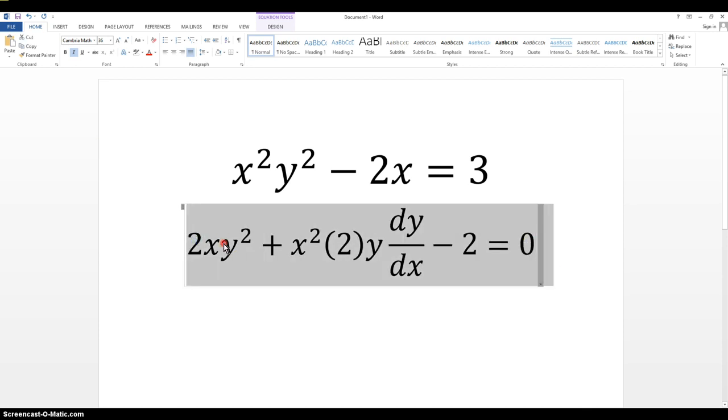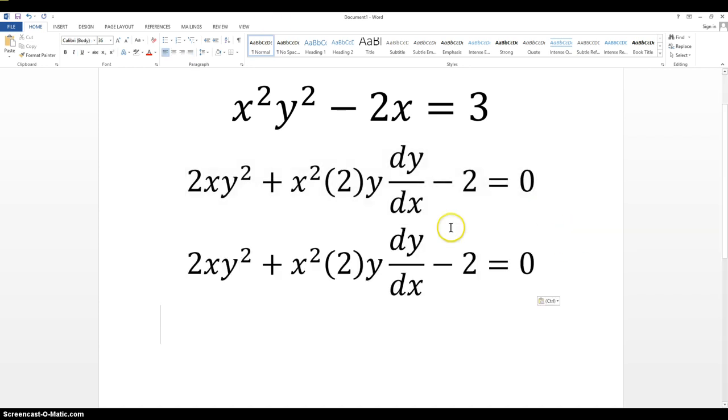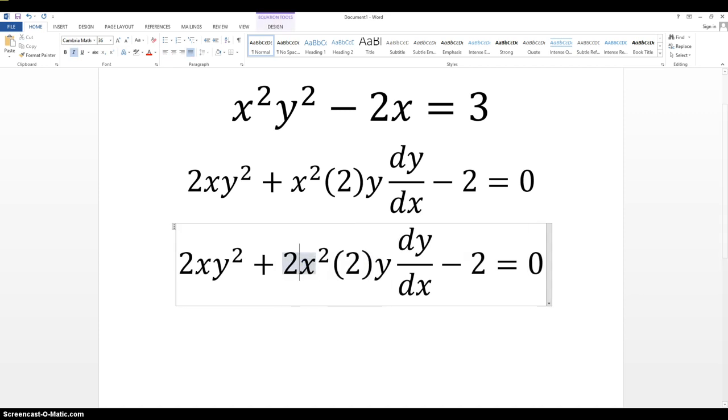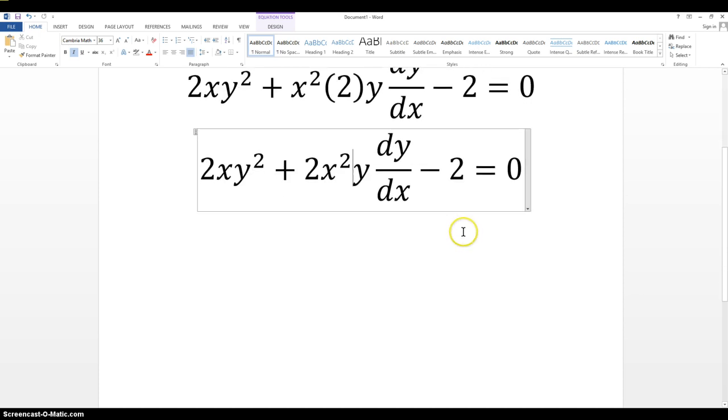Okay, from there, all I want to do is just clean it up a little bit. So if we do that, we have 2xy squared plus 2x squared y dy/dx minus 2 equals 0. Okay, the next thing we need to do is isolate the dy/dx. So let's worry about this term last. Let's move everything else to the right-hand side. Now keep in mind that when we move this to the right-hand side, what happens to their signs?